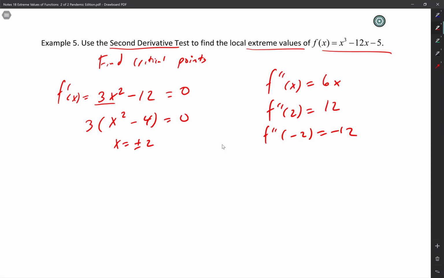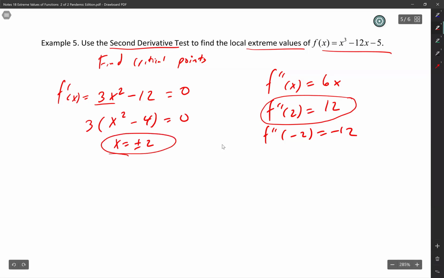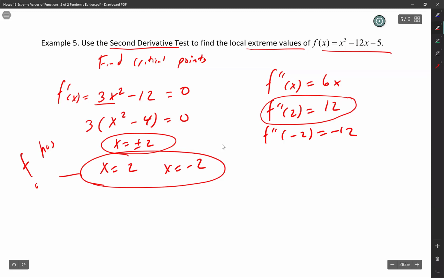All right, check it out. Because the second derivative is positive, I know that I am concave up at x equals 2. Does that make sense to everyone? But notice at x equals 2, I also have a horizontal tangent. Do you guys see that? At these values, f has a horizontal tangent.